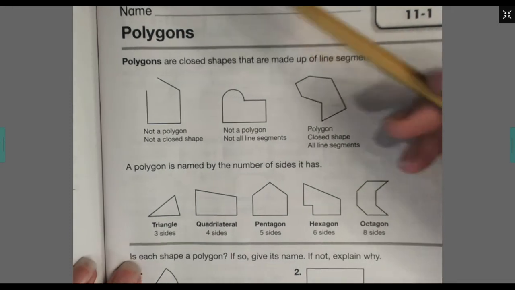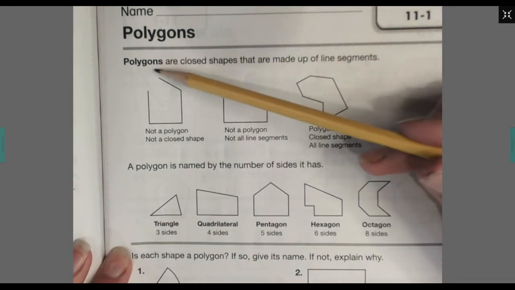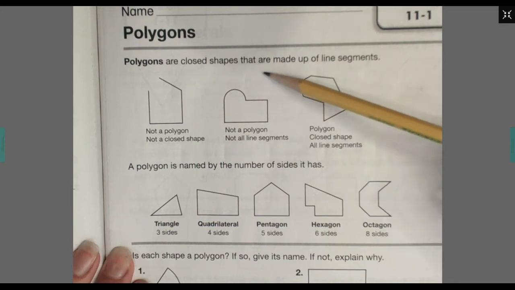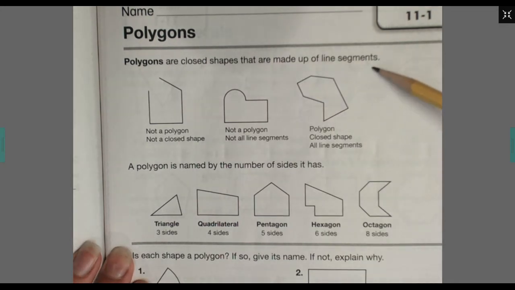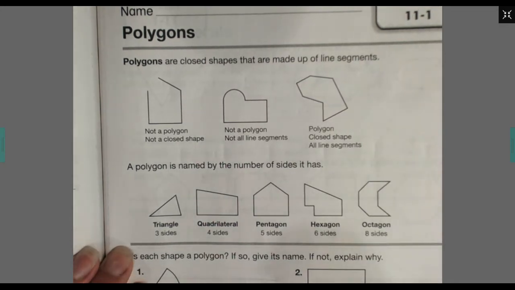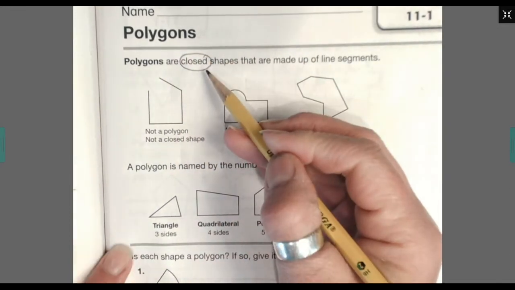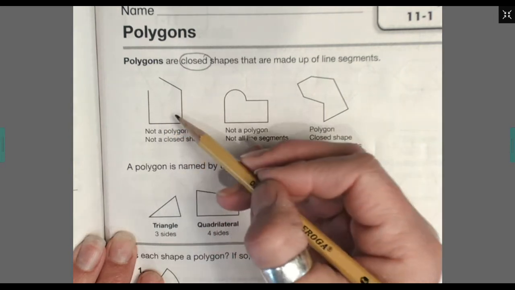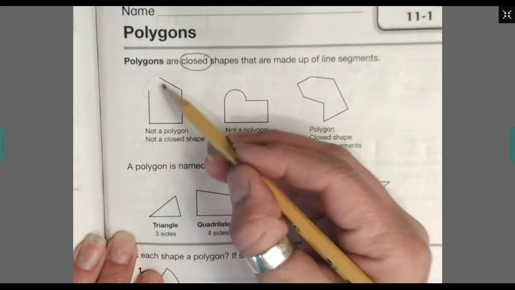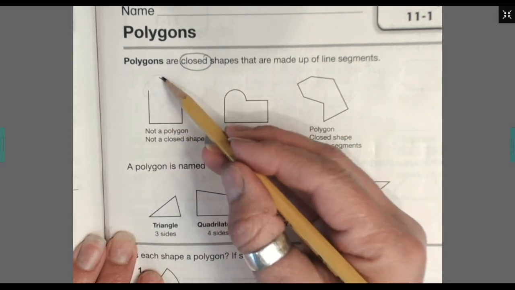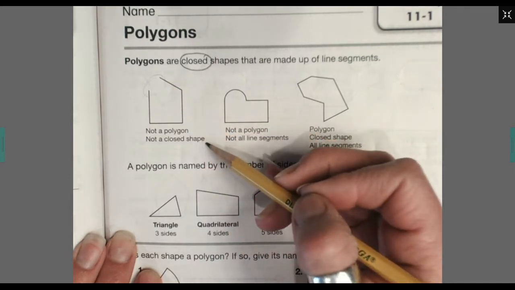So, talking about polygons. Polygons are closed shapes that are made up of line segments. Just like it says in here, polygons are closed shapes. If you have a shape that's open, right here, see how this is open? These ends don't touch. It cannot be a polygon.